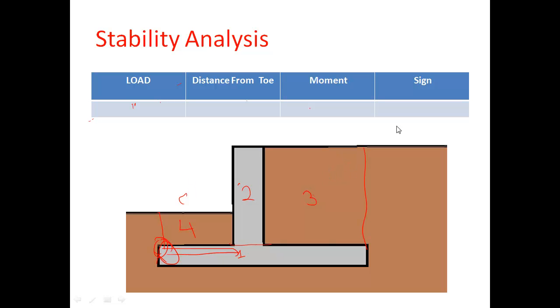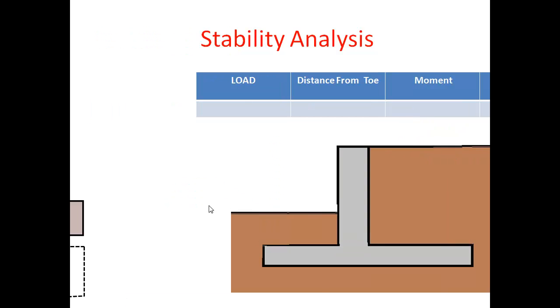Here we are taking clockwise moment as positive and anti-clockwise moment as negative. As in this picture, anti-clockwise moment will try to overturn this retaining wall about its toe. Okay. And we will do the stability check.